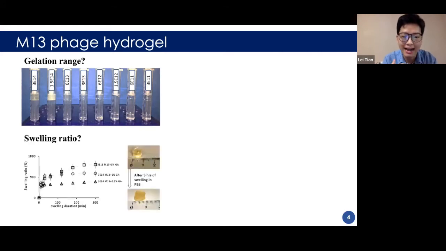We found our phage hydrogel can absorb a lot of water. You can see here that M13 hydrogels can absorb up to 16 times their weight in water. The figure tells us the hydrogel made with lower phage and cross-linker concentration can absorb more water. We think this trend is because of the change in pore structure.